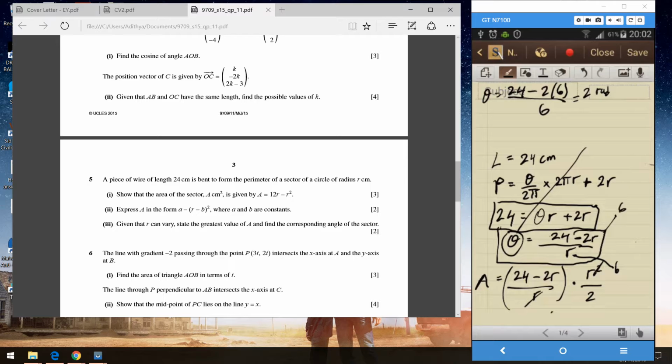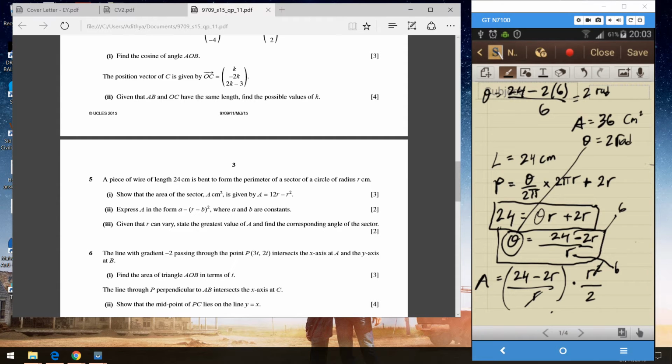Anyways, try to use radians. So the final answer: the area is 36 centimeters squared at the angle theta of 2 radians.